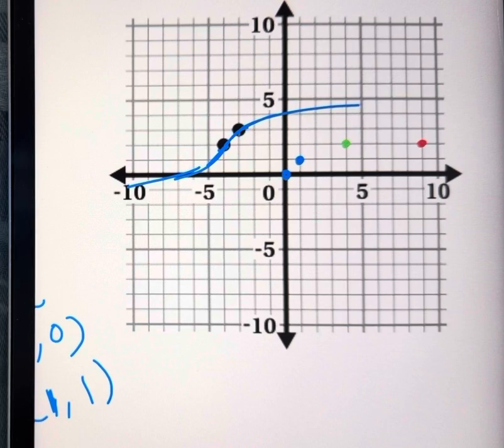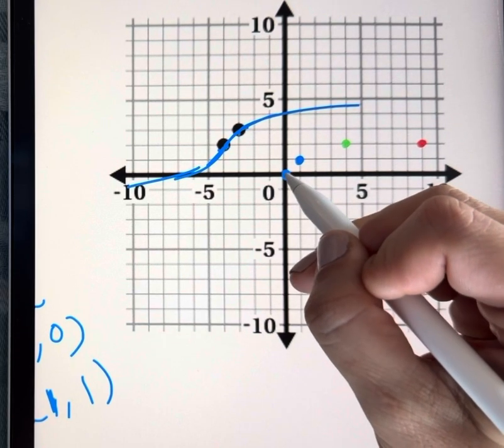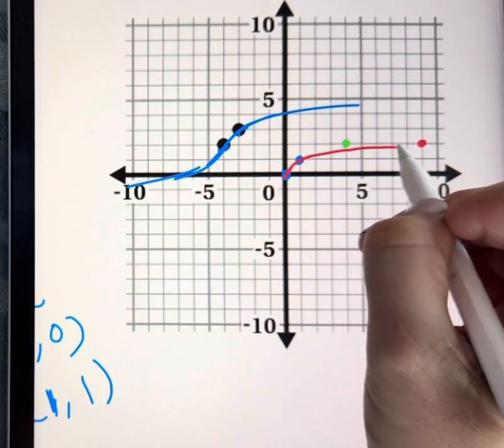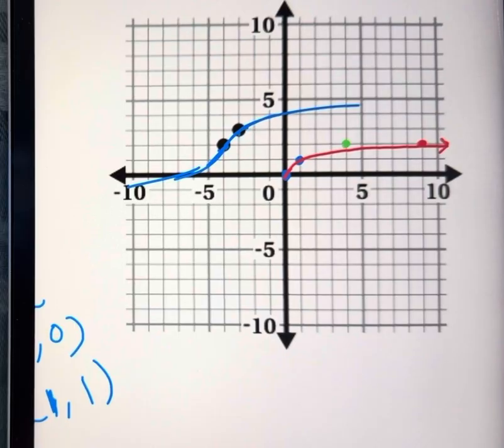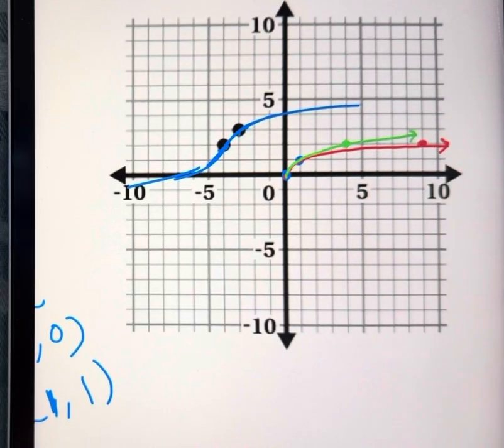It's a little bit like if I stretch the cube root function. See, the cube root function would go like this, and the square root function would go like this. It's a little bit like if I stretch the cube root function. No, because then if I stretch it, it won't go through that point anymore.